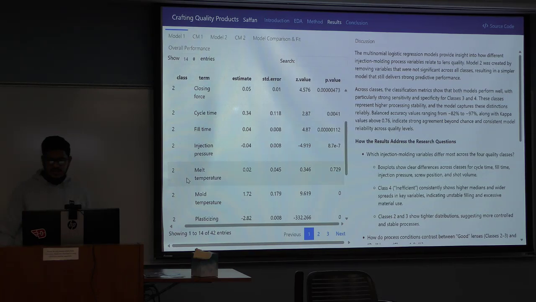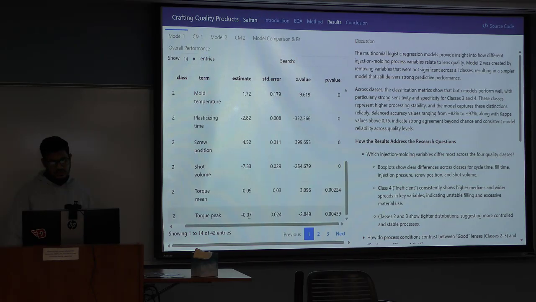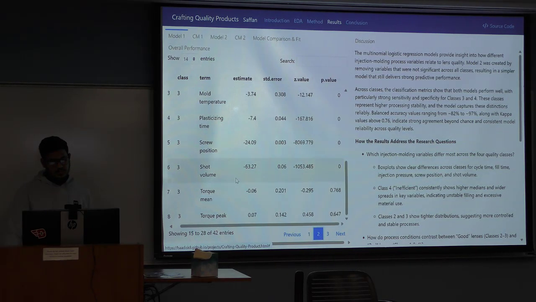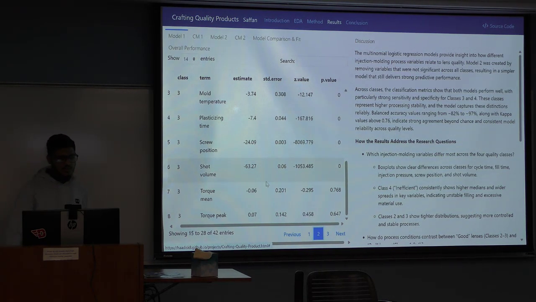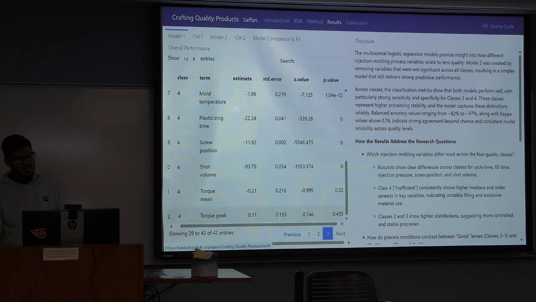The melt temperature has a very high peak value, but when I removed the melt temperature in the second model, the accuracy was not very good. In class 3, the melt temperature has a very good p-value, but the other two variables, torque mean and torque peak, have higher p-values. When I removed these two variables, which had very high p-values in class 3 and class 4, the accuracy improved by 1%, but not by much.